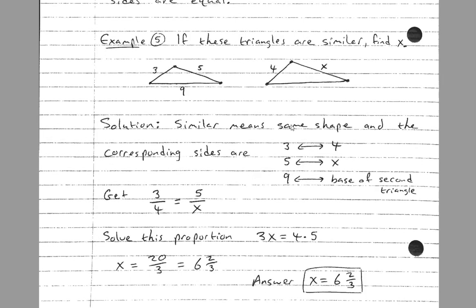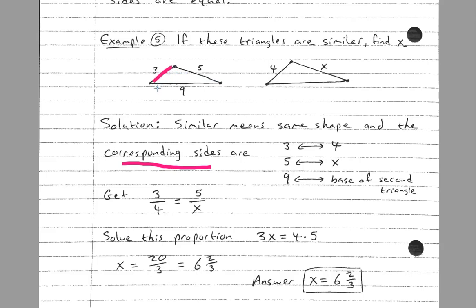Okay, yeah, so these questions are a bit confusing. Your first job is, since these two triangles have the same shape, you want to find what are the corresponding sides. Okay, well this side here, this 3 in this triangle corresponds to this side length 4 here.